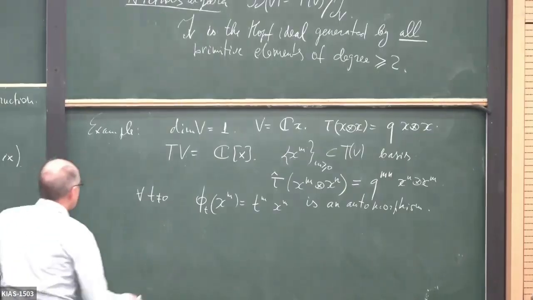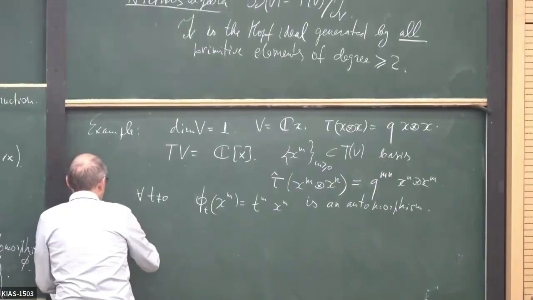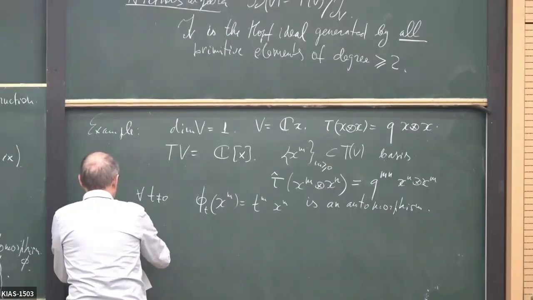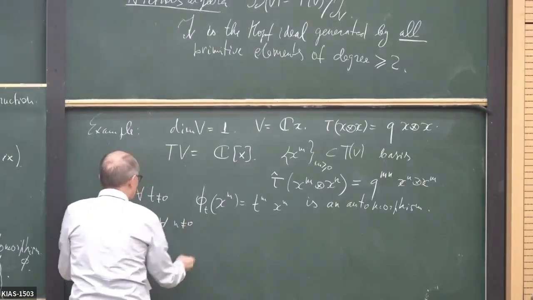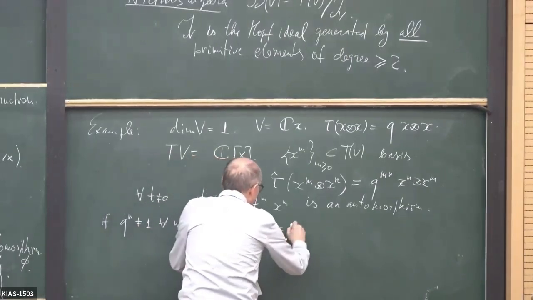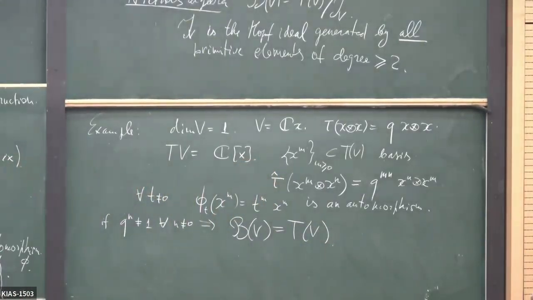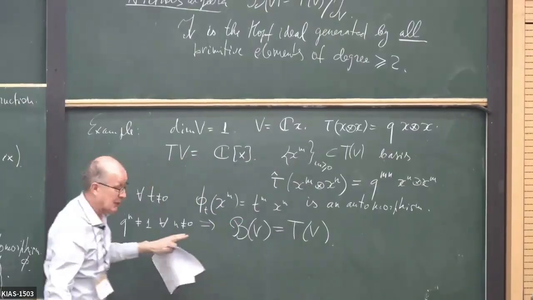In general, yes, but if q^n is not equal to 1 for any non-zero n, then the Nichols algebra is just the tensor algebra itself. No other primitive elements. So this ideal is trivial.